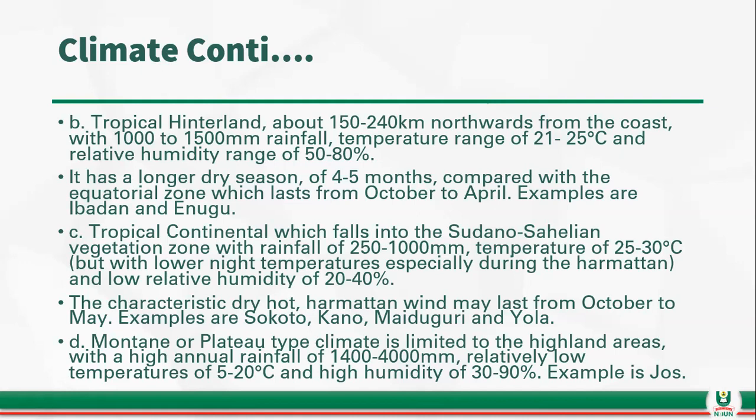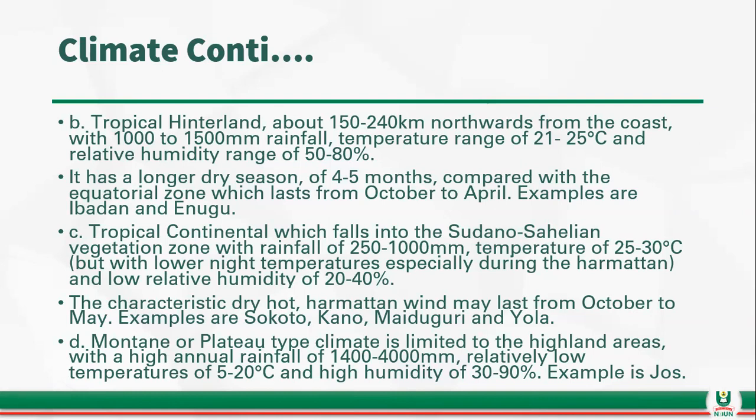But if you are in southern Nigeria, say around the southwest, the south-south or the southeast, you realize that from the middle of March in some years, or even early March, rainfall would have started. But in these tropical continental regions, the rainfall is quite low. The rainfall for the whole year might just be about 250 to 1,000 millimeters in their rain gauge. So you now realize that the rainfall here is a bit low.